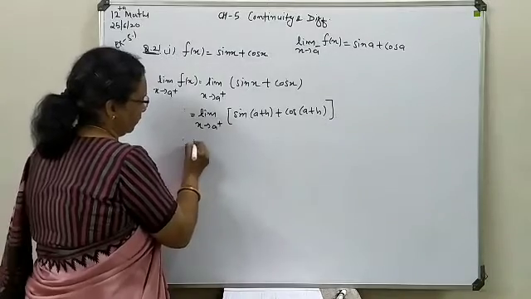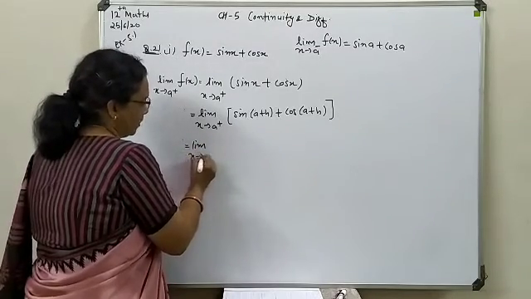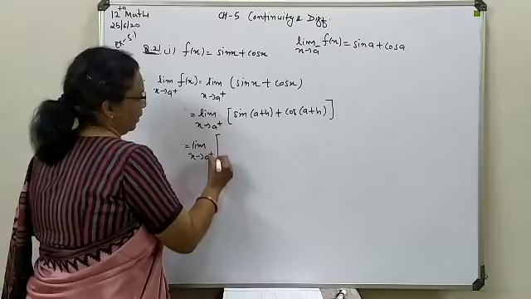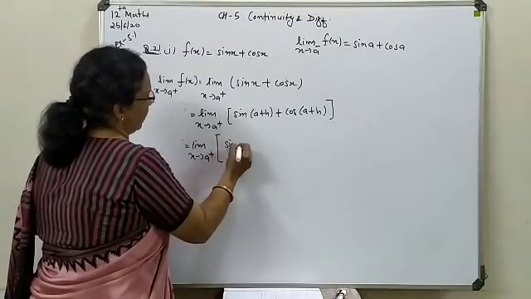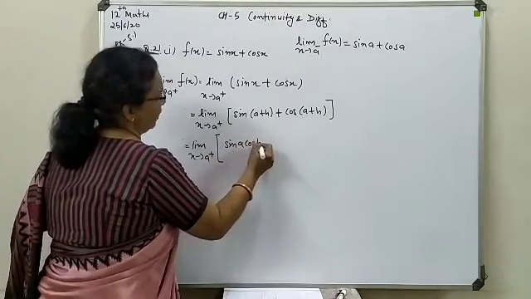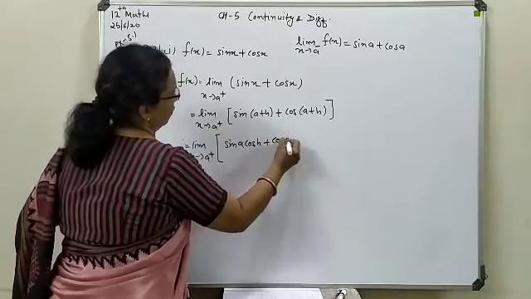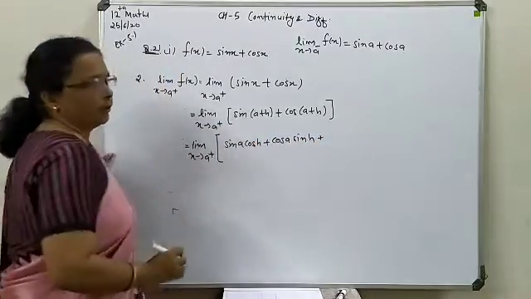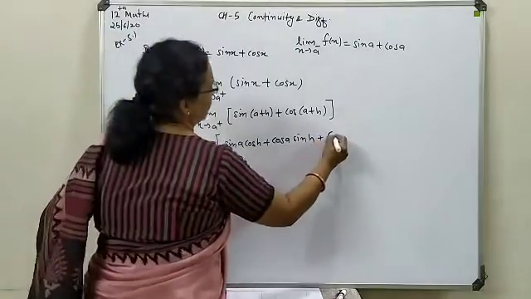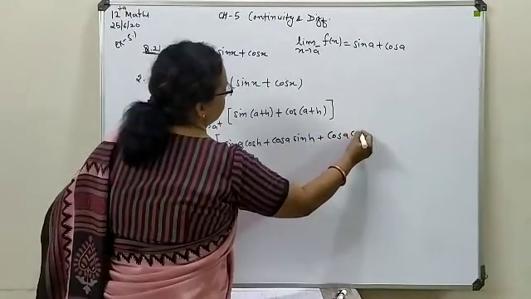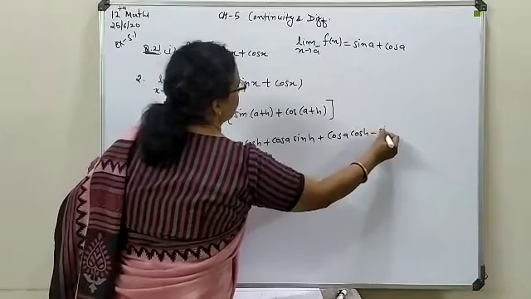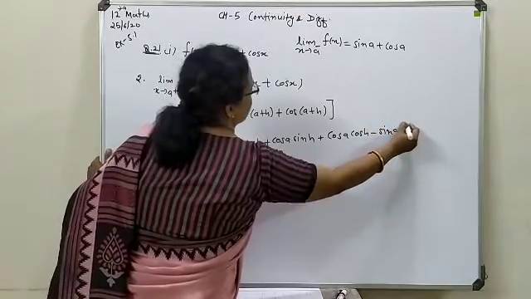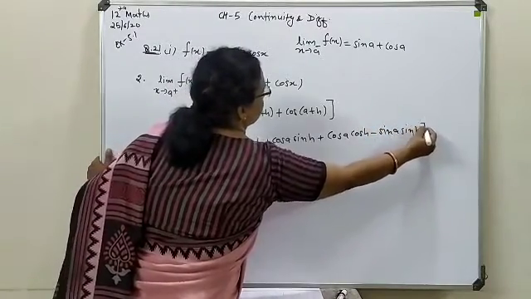So that will be limit h tends to 0: sin a cos h plus cos a sin h. Go for the cos expansion: cos a cos h minus sin a sin h.